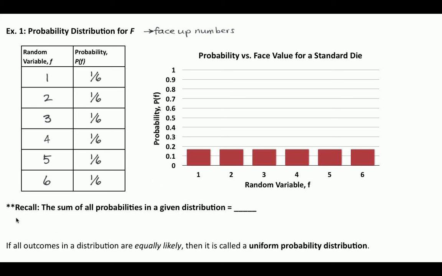We can make note of the fact, and this should be a reminder to us, that if we sum up the probability of every single outcome, and we add them all together, we get a value of 1. So the probability that you roll a die and you get either a 1, a 2, a 3, a 4, a 5, or a 6 is 100%.